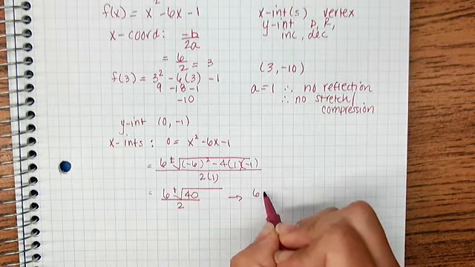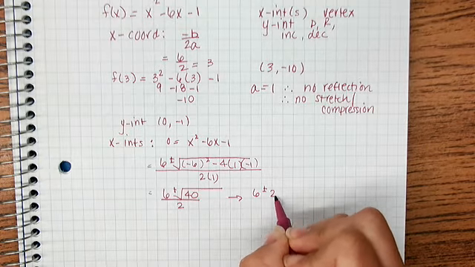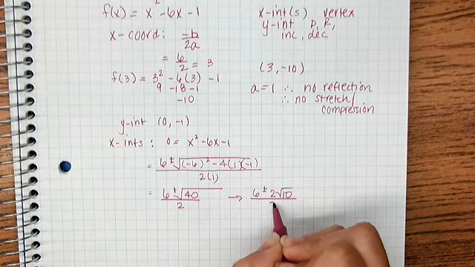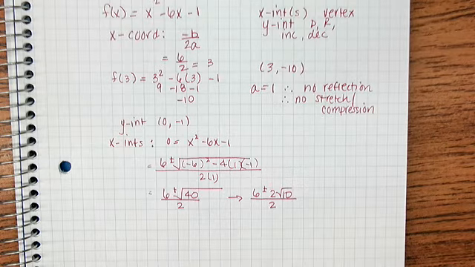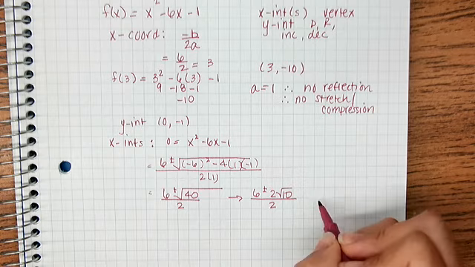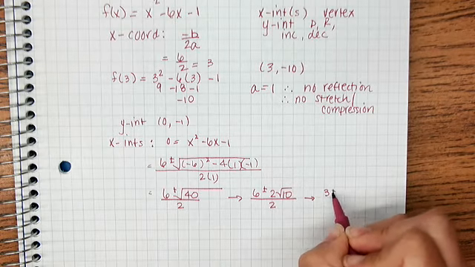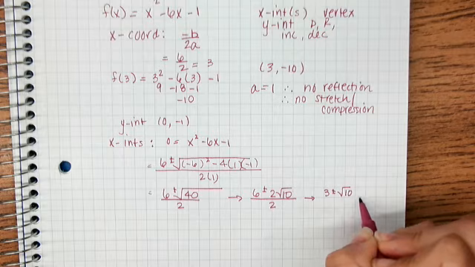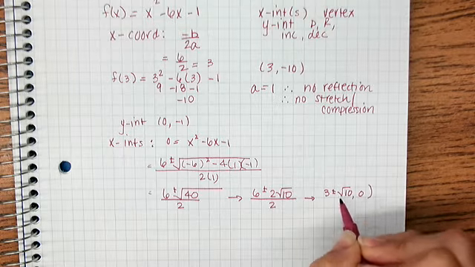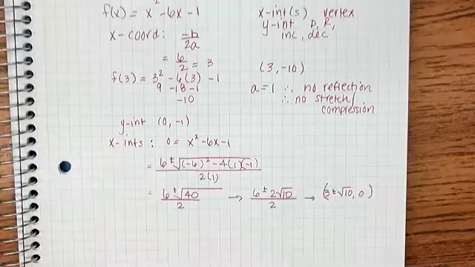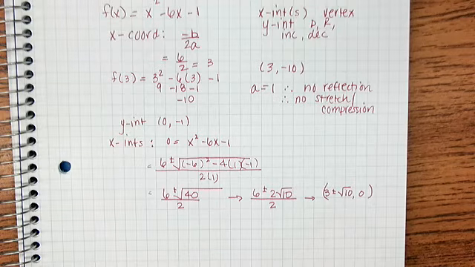So this is 6 plus or minus the square root of 40, which is 2 root 10, over 2. Now you can reduce. So you get 3 plus or minus the square root of 10, comma 0, and those are your x-intercepts. If you want to write them separately as 3 plus root 10, comma 0 and 3 minus root 10, comma 0, feel free.